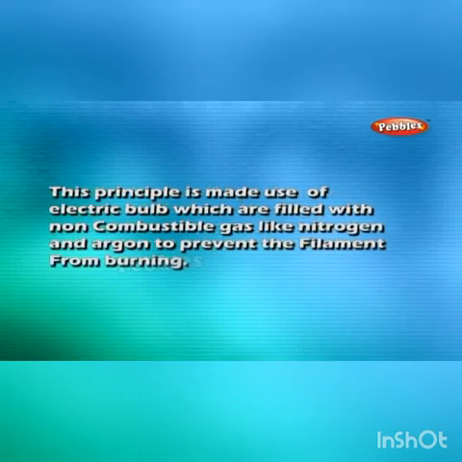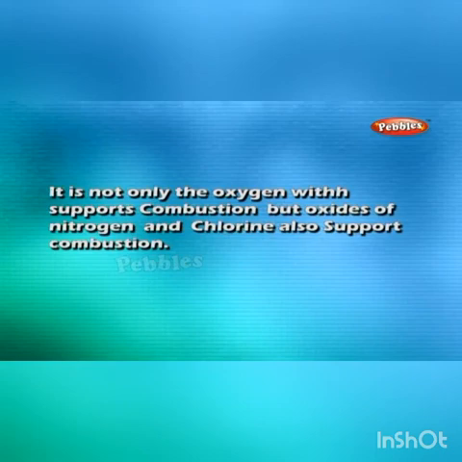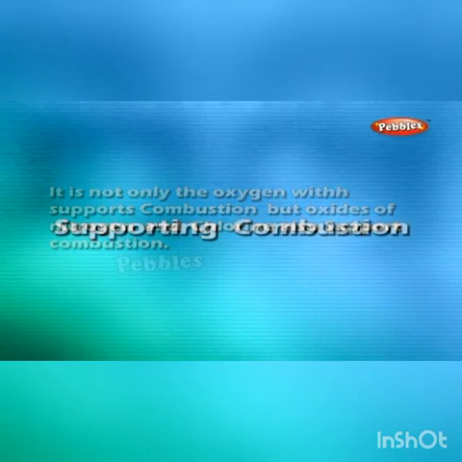This principle is made use of in electric bulbs which are filled with non-combustible gases like nitrogen and argon to prevent the filament from burning. It is not only oxygen which supports combustion, but oxides of nitrogen and chlorine also support combustion.